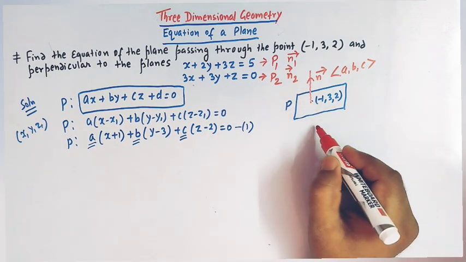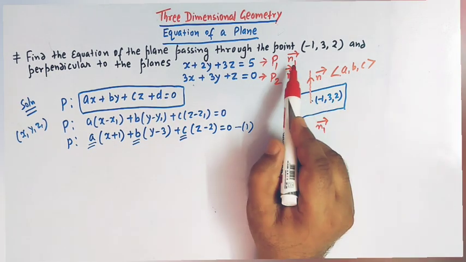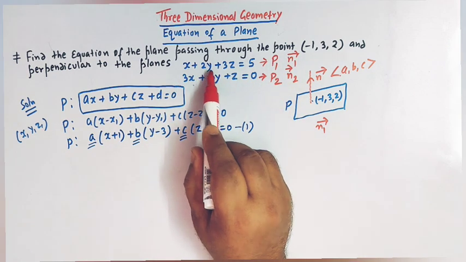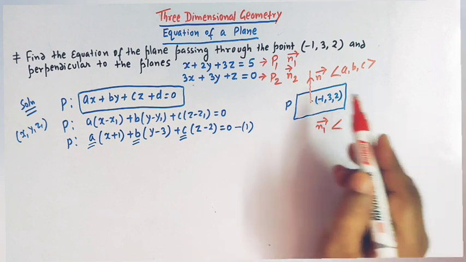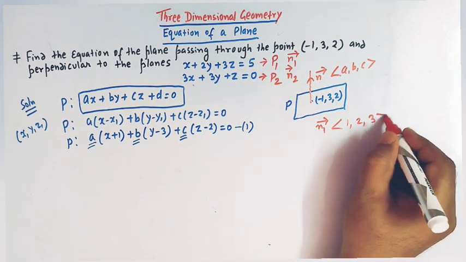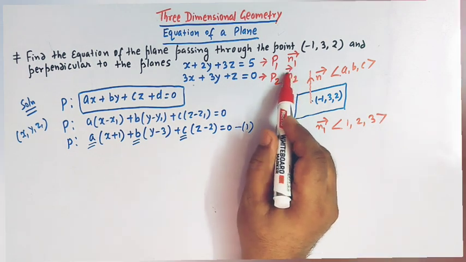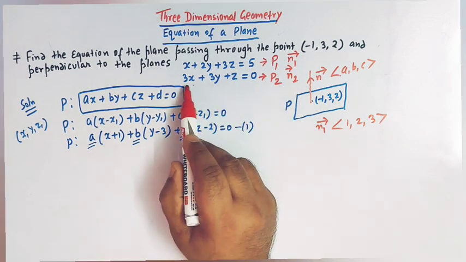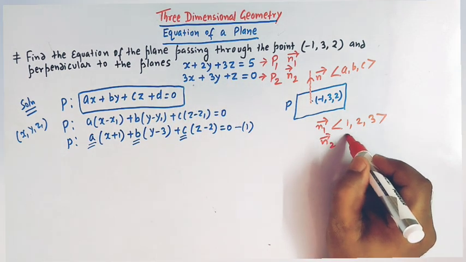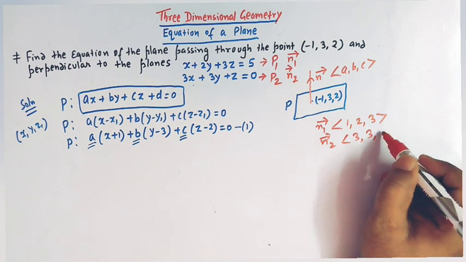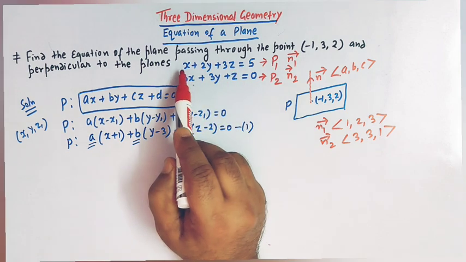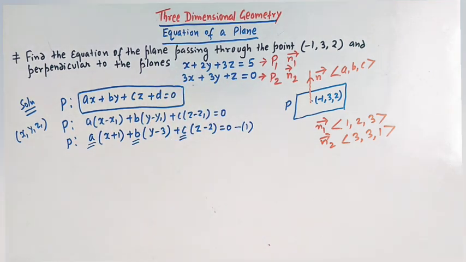The direction ratios of the normal vector n1 are given by the coefficients of x, y and z, so the direction ratios of n1 are 1, 2 and 3, right? And the direction ratios of the normal vector n2 are given by the coefficients of x, y and z. So here we have 3, 3 and 1, right? Here we have the coefficient of z as 1, and here we have the coefficient of x as 1.